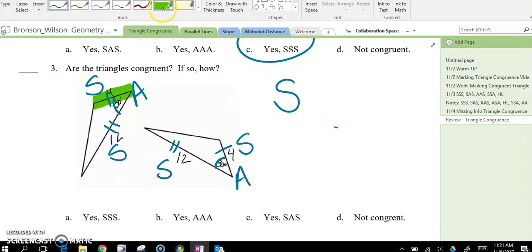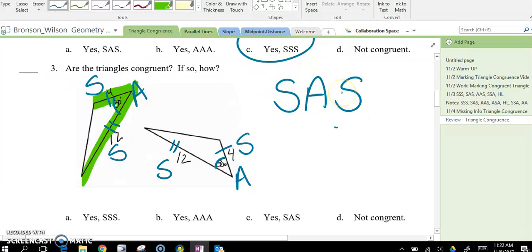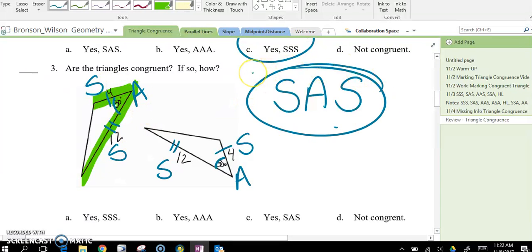Now, is there an angle right here that's congruent? Is this 30 a congruent angle to the other triangle? Yes. So I can also put my A. And now I'm going to move to my other congruent side, and I'm going to put side. So the order that this postulate is SAS.